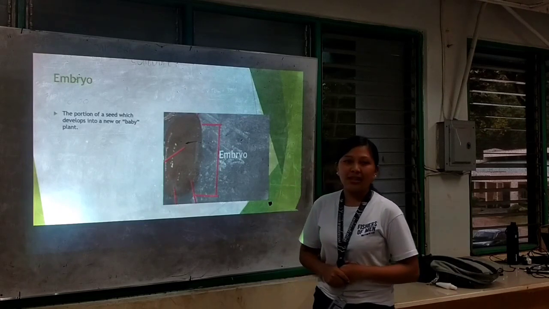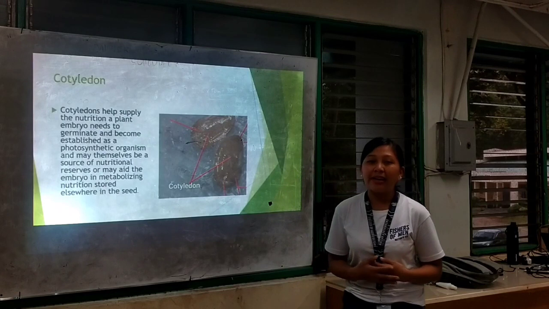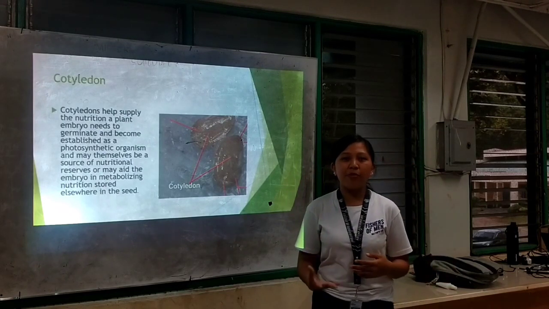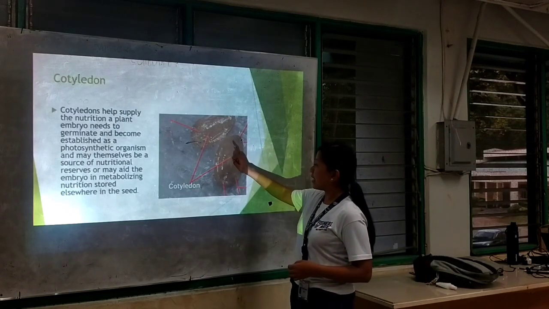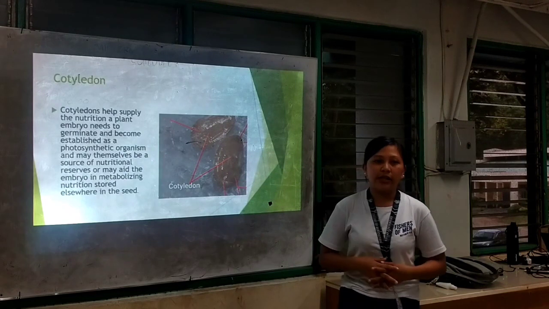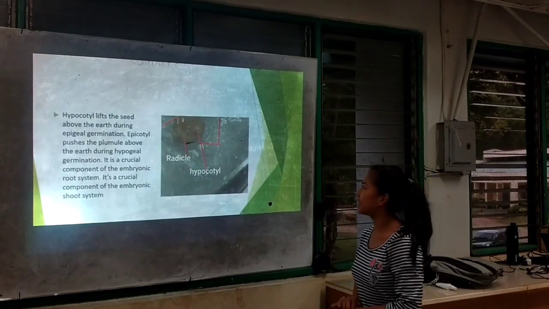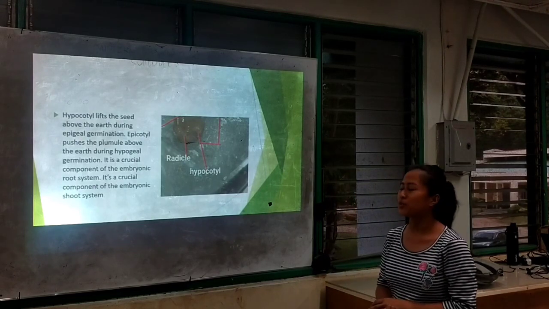Next is the cotyledon. The cotyledon helps by supplying nutrients for the embryo to grow or germinate. This is where the cotyledon is located. The hypocotyl lifts the seed above the earth during epigeal germination.